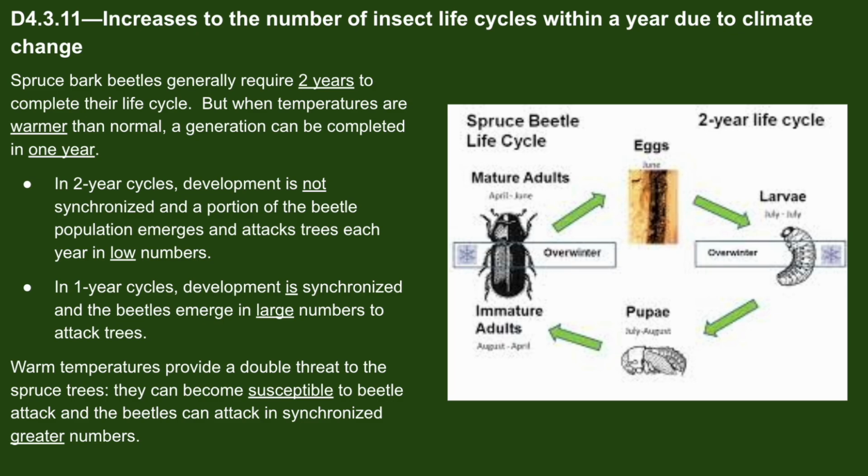Usually they require 2 years to complete their life cycle. When temperatures are warmer, they can have generations completed in a single year. And when that happens, the development is synchronized. The beetles emerge in large numbers to attack trees. So warm temperatures are that double threat. They're causing those spruce trees to be susceptible to beetle attack, and the beetles can attack in synchronized greater numbers.